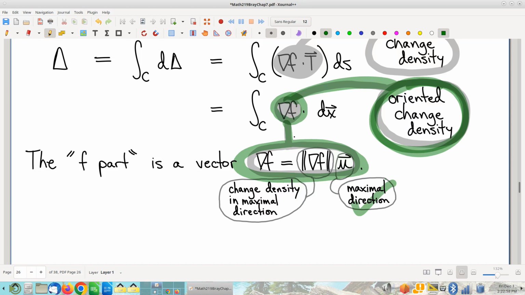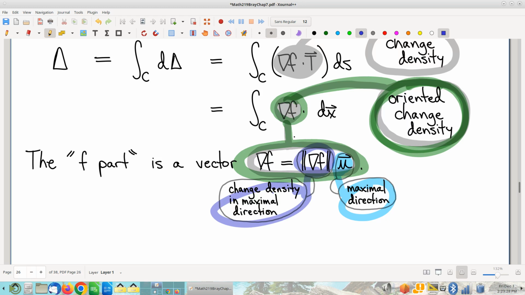That's the way to go to make the change happen. That's uphill, if you will. And the magnitude here, let me color code. The u is the direction that the change is happening. The magnitude is how much of that change is happening in that direction. Is it a lot of change per unit distance? Is it a little change per unit distance?